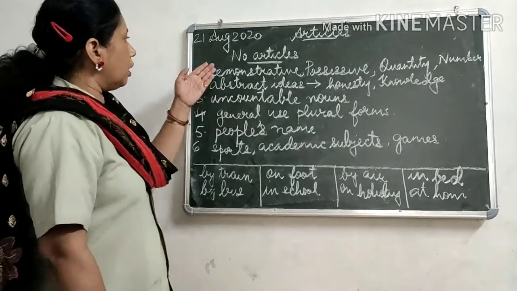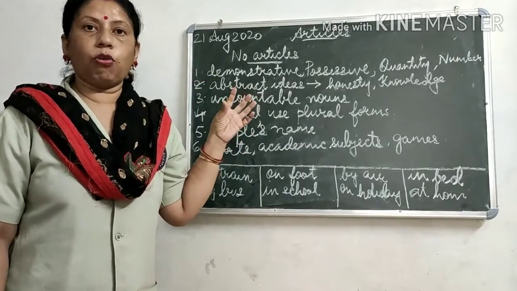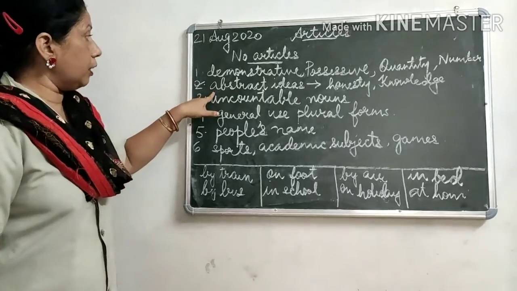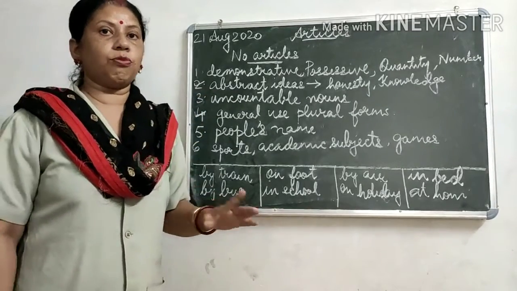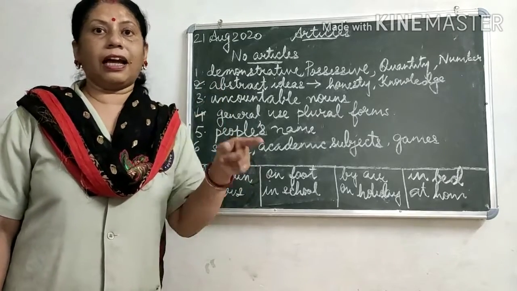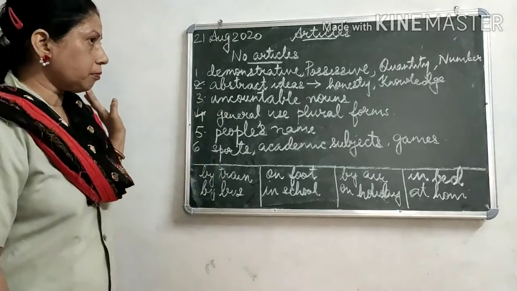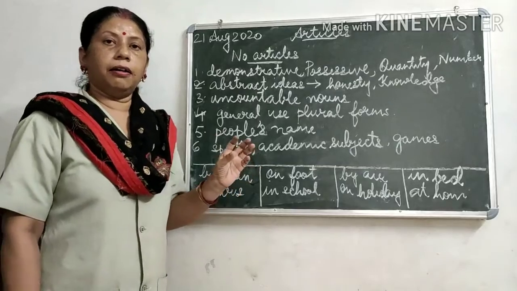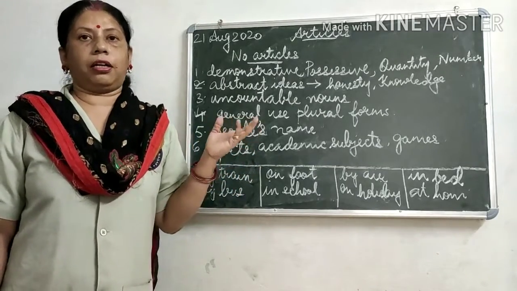So these are the certain rules, the certain words or the nouns before which we are not supposed to use articles, leaving the second point and the fourth point, where in the general sense we won't be using an article, but when we are talking specifically, that time we will be using the article. Right, children?